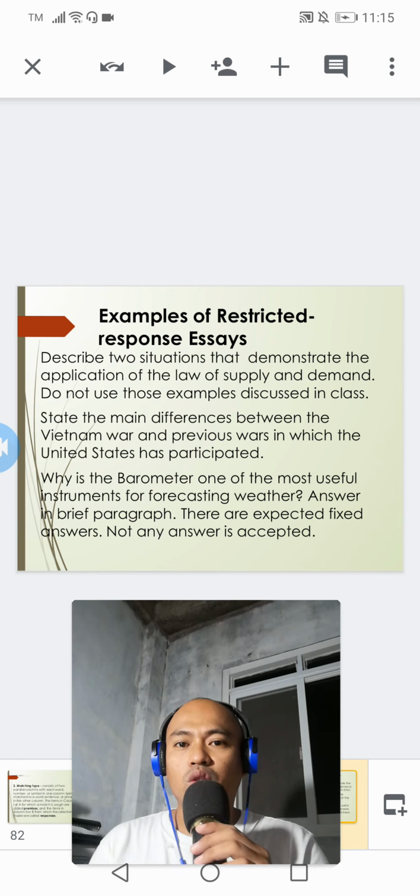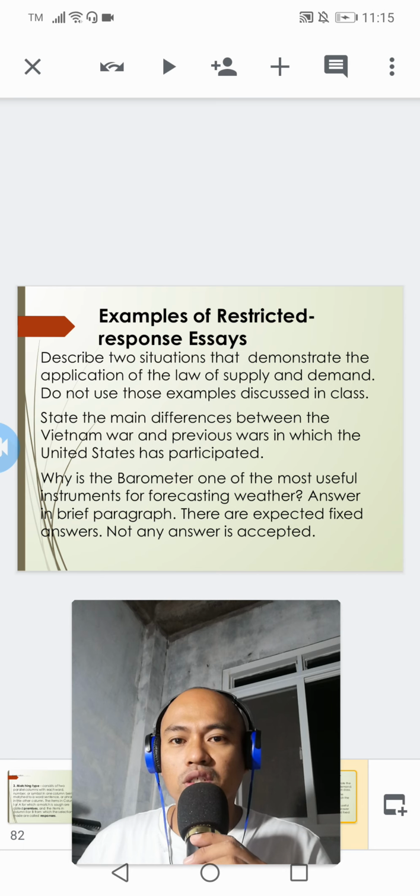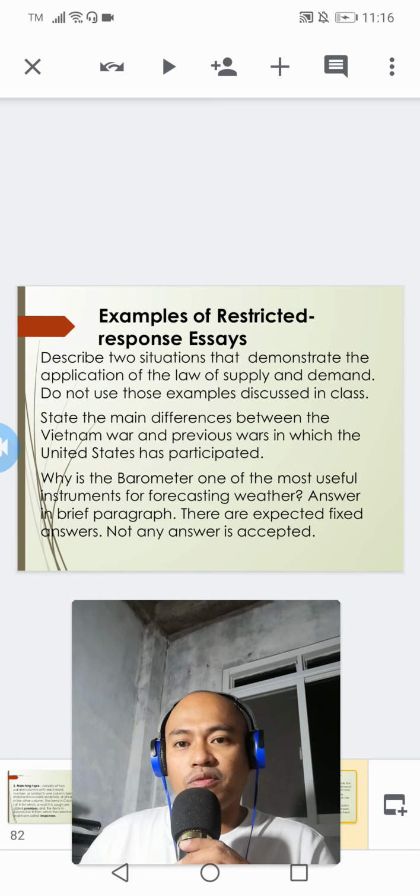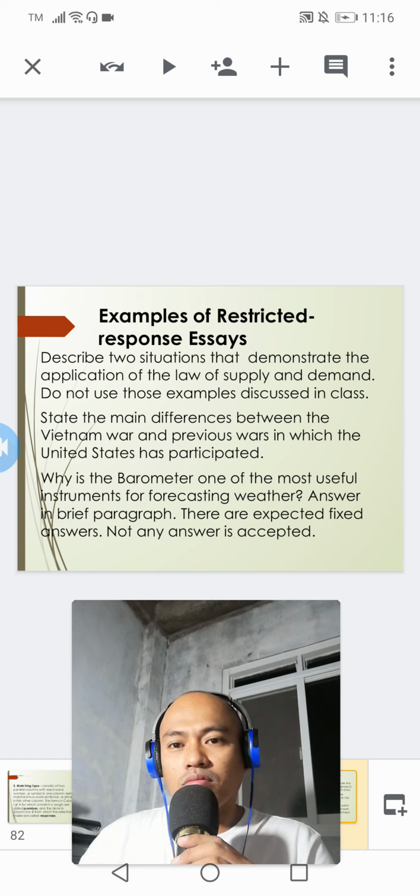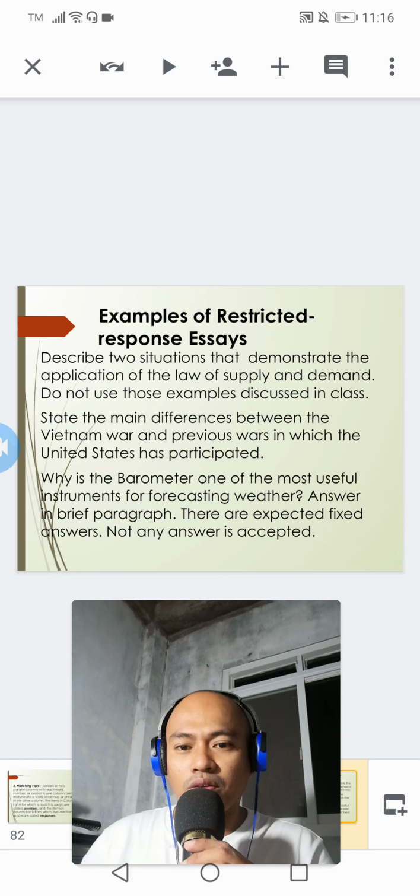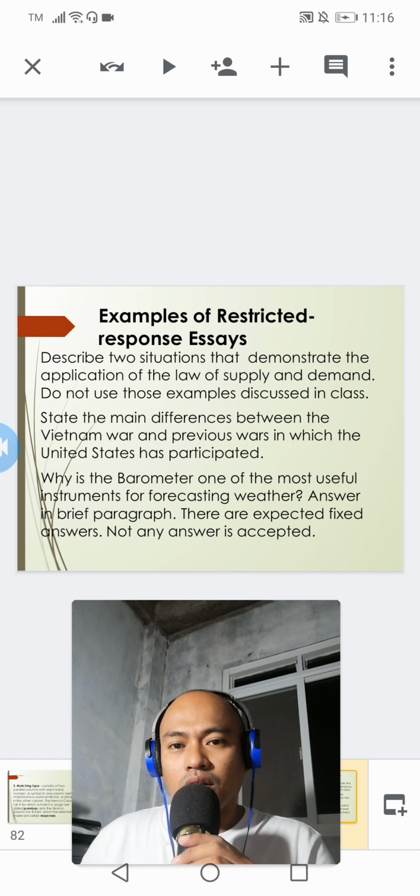First, describe the situations that demonstrate the application of the law of supply and demand. Do not use those examples discussed in the class. So in this first situation, we have already restricted the response of the students in answering this particular essay question, which no longer requires presenting the examples presented during the discussion.